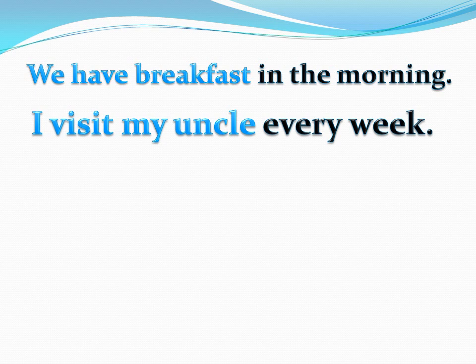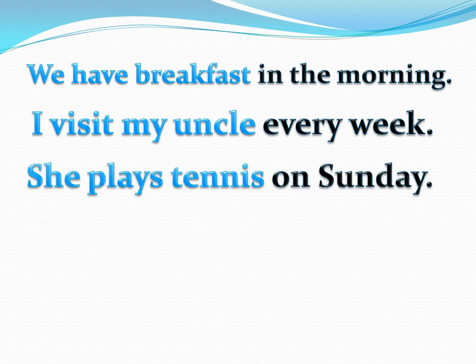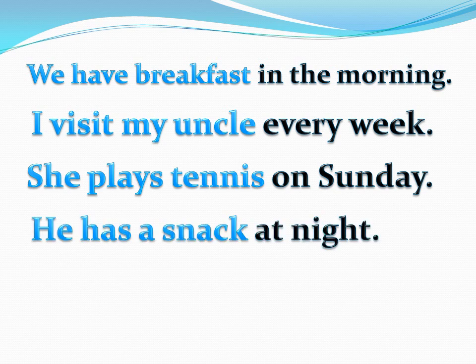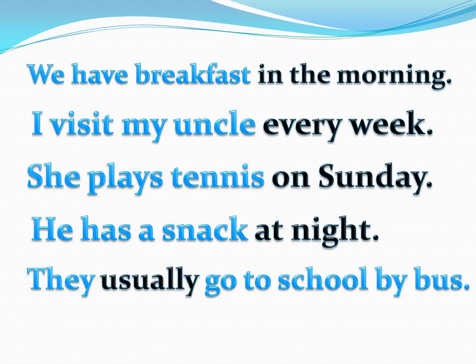So this is at the end of the sentence. She plays tennis on Sunday. On also comes at the end of the sentence or the beginning. He has a snack at night. The words at night or at the weekend come at the end or the beginning of the sentence.